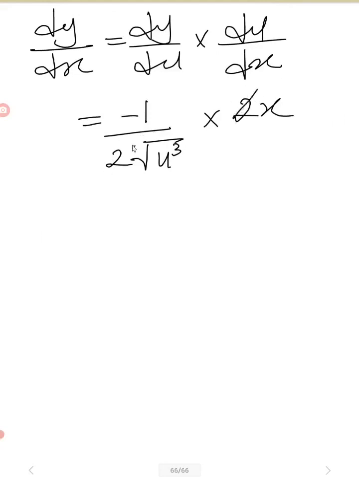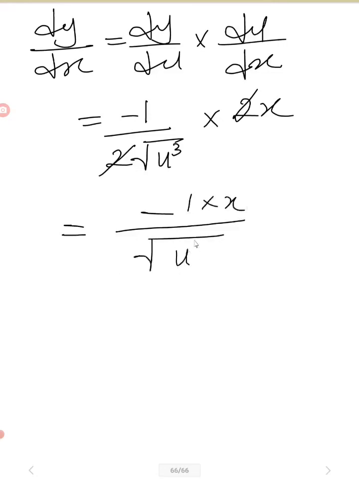This cancels conveniently, giving us minus 1 times x all over root u raised to power 3, which can be written as minus x over root u raised to power 3.